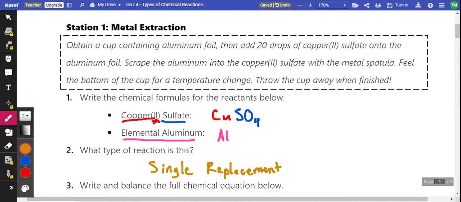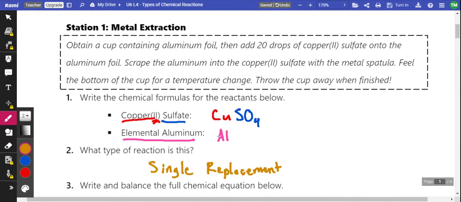Okay, now in a single replacement reaction, we have that one lone element bash its way into this compound and bond with one of these things, either the copper or that sulfate polyatomic ion, and then whatever's left gets kicked out as a pure element.